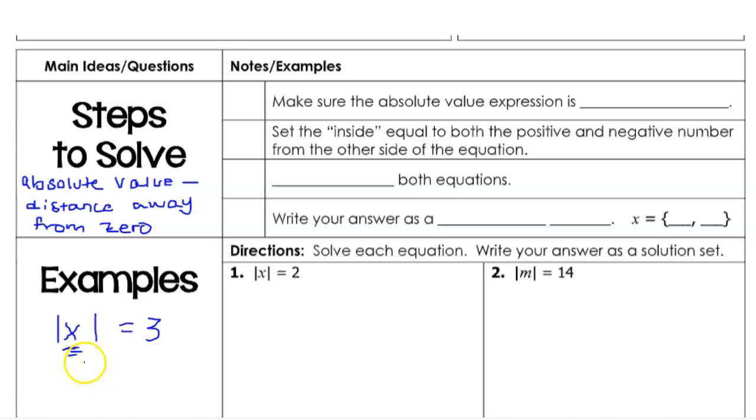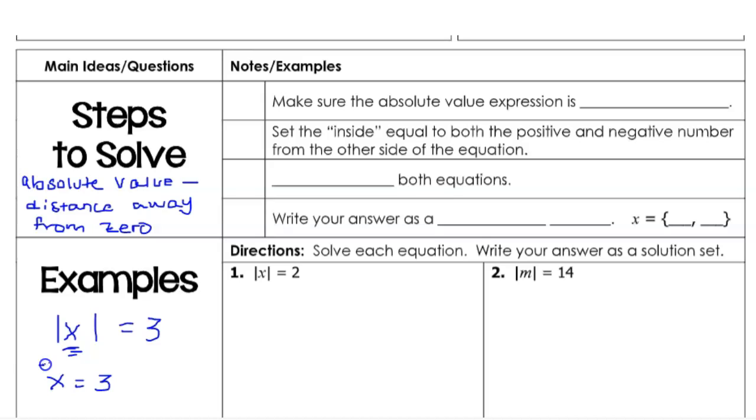Well, what number is 3 units away from 0? 3. So I know the answer to this is x equals 3. But guess what? There's one other number that's 3 units away from 0. -3 is also 3 units away from 0.